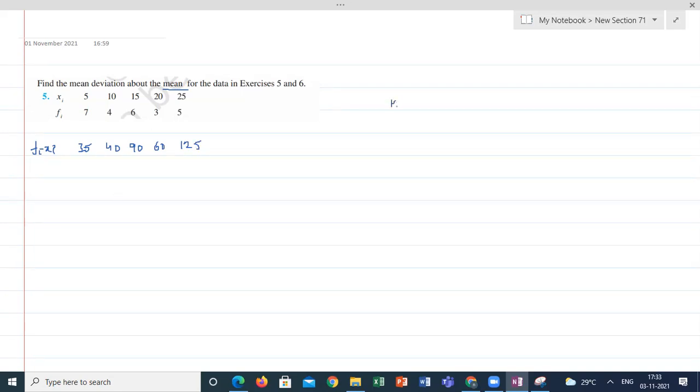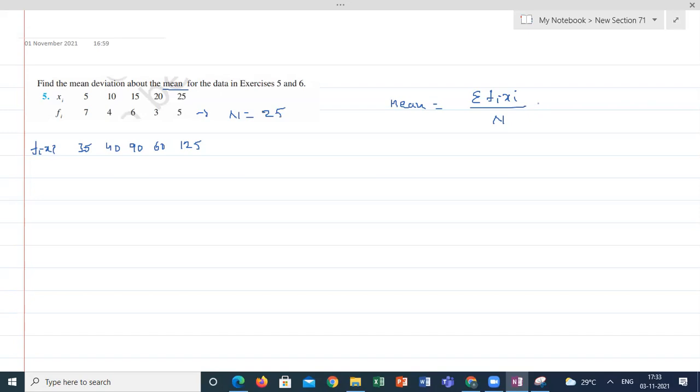So from here, you have to calculate the mean. The mean will be equal to sigma f_i x_i by N. What is the total number of readings? From here, N will be equal to how much? What is the N value, students? So 25.